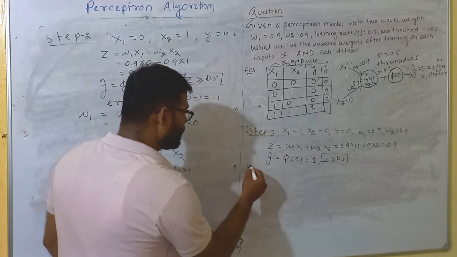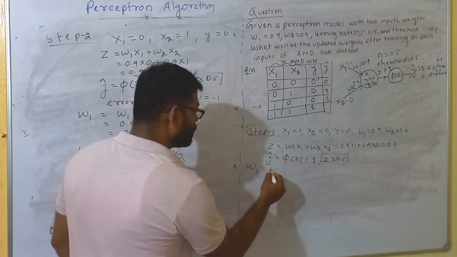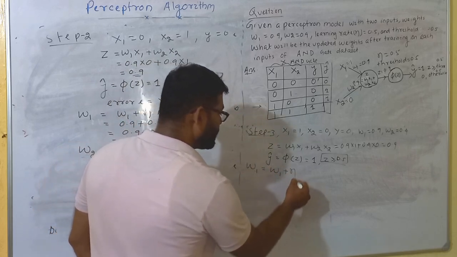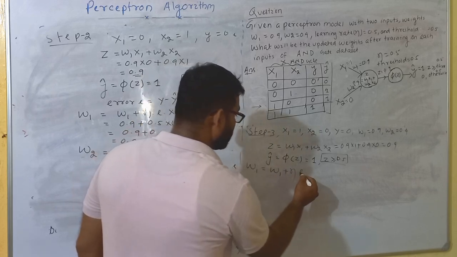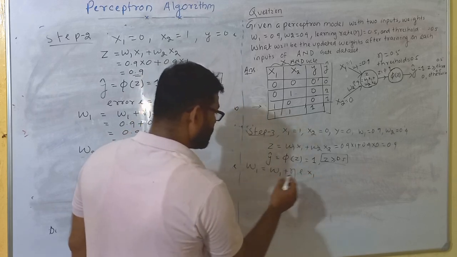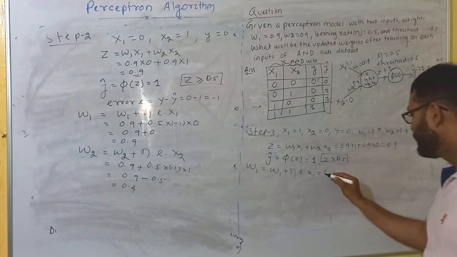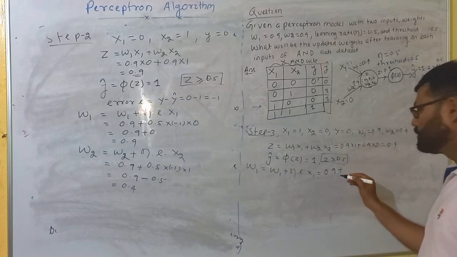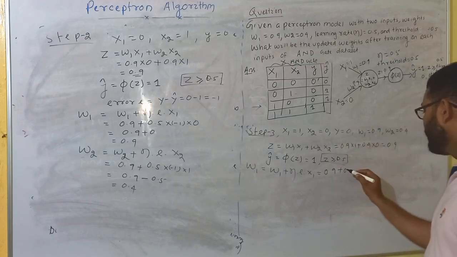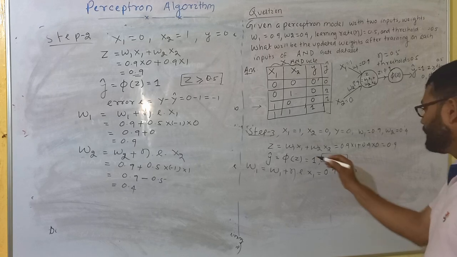My W1 is equal to W1 plus eta into error into x1. Now W1 how much here? 0.9 plus eta 0.5, and error is minus 1.